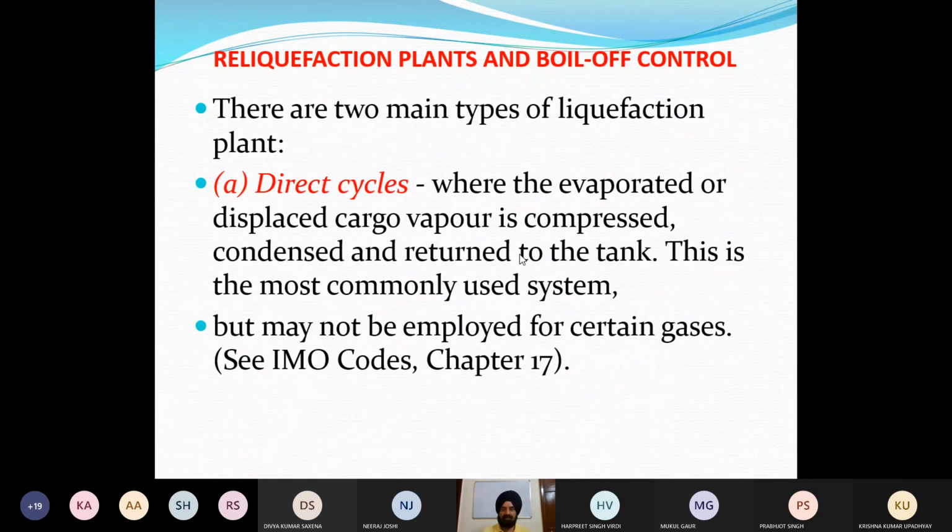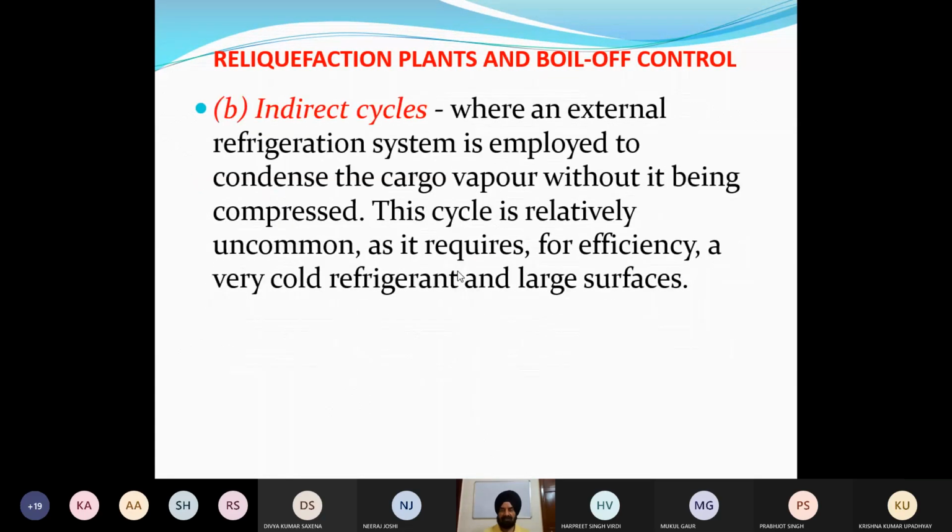Now, what are the types of these plants? There are basically two main types of reliquefaction plant. Direct cycle, where the evaporated or displaced cargo vapor is compressed, condensed, and returned to the tank. This is the most commonly used type, but may not be employed for certain gases. Indirect cycle, where an external refrigeration system is employed to condense the cargo vapor without it being compressed.